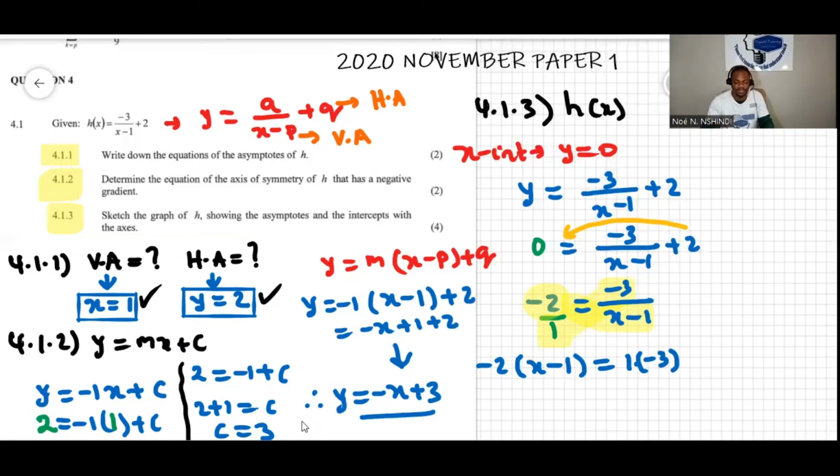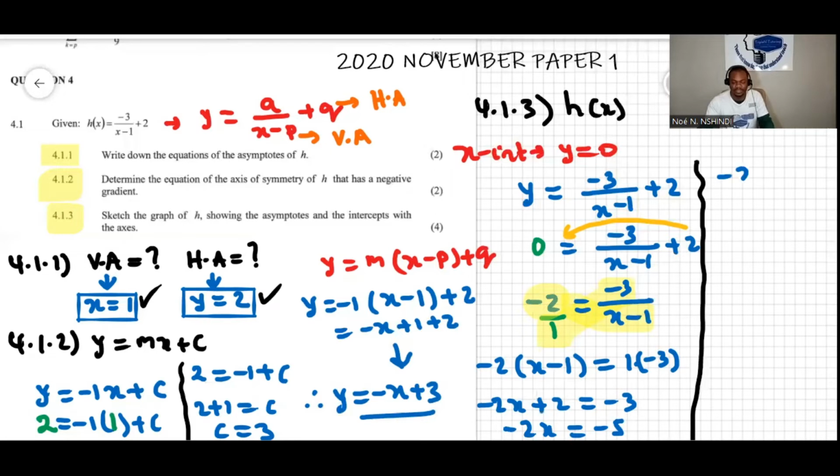So this will become -2x plus 2 equal to -3. If I move 2 over, that makes -2x equal to -5. We can solve this if we divide both sides by -2, and then that makes x equal to 5 over 2.